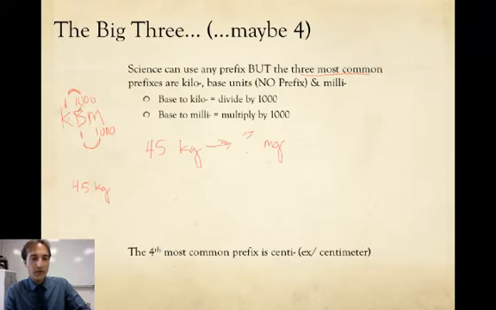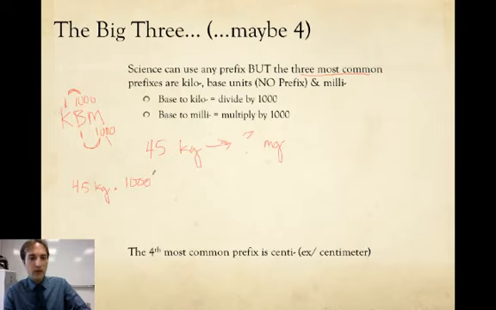Notice I'm going through the base unit in the middle. What could help you is convert to the base unit first, and then convert to the milli unit. In other words, I know that 1 kilo is equal to 1,000 base units. It takes a lot of base units to equal a kilo, so my new number, my grams, is going to be much larger. Another way of thinking of it is, since this is on top, if I'm going this way, I have to multiply. So I'm going to multiply by 1,000.